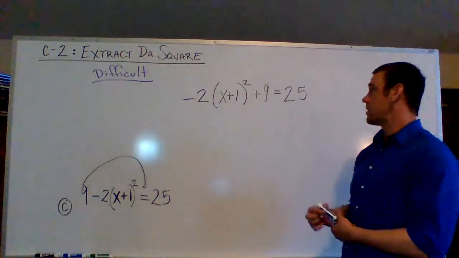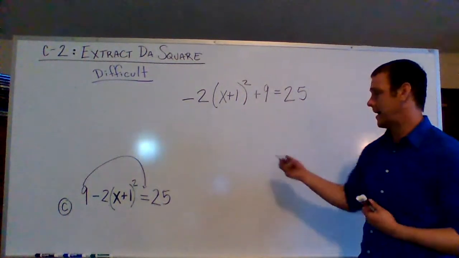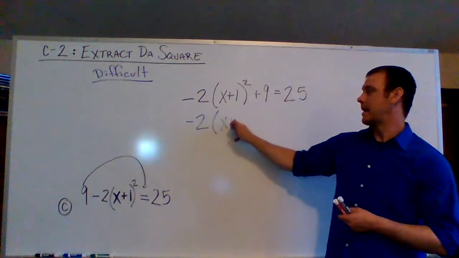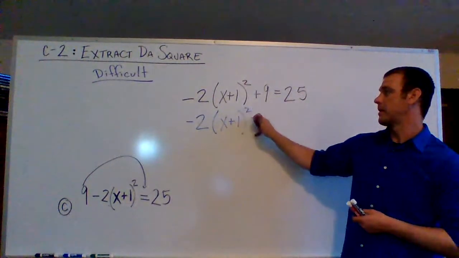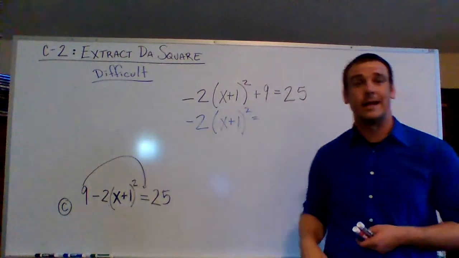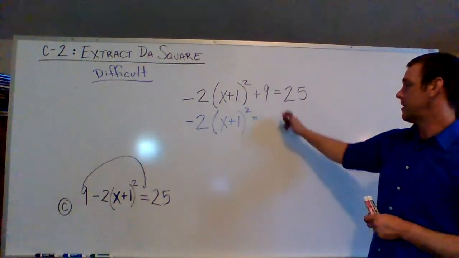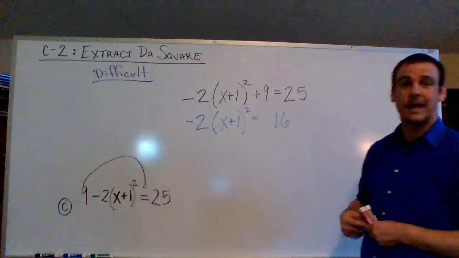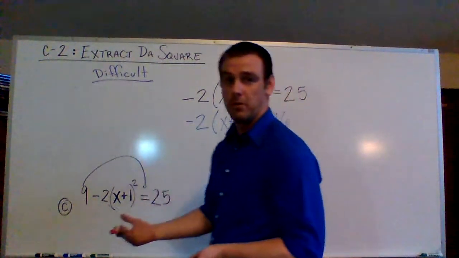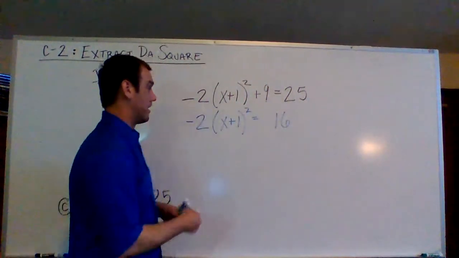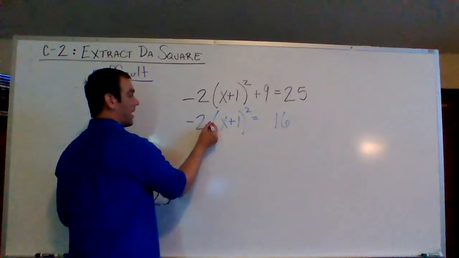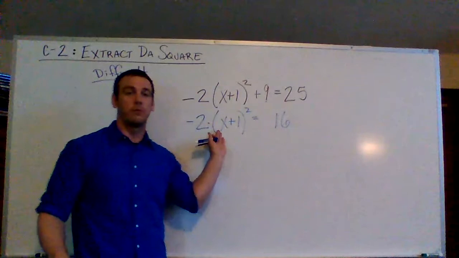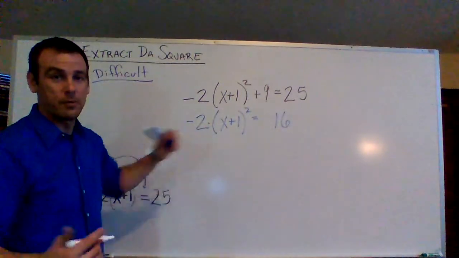All right, so here, what I want to do is, like I said, subtract 9. You get -2 times x plus 1 all squared is going to equal 25 minus 9, which is lucky number 16. Next, I got to get rid of that -2. Now, it's not just a -2, it's -2 times, because there's no symbol between the -2 and the parentheses.